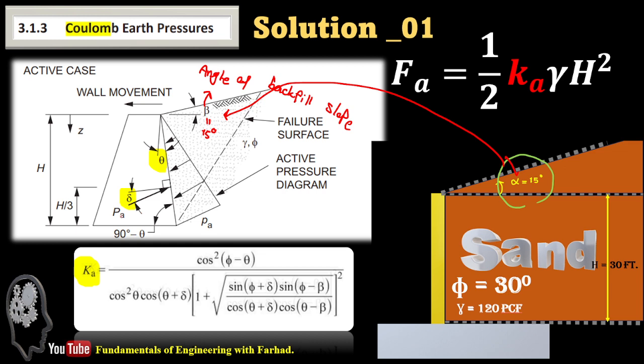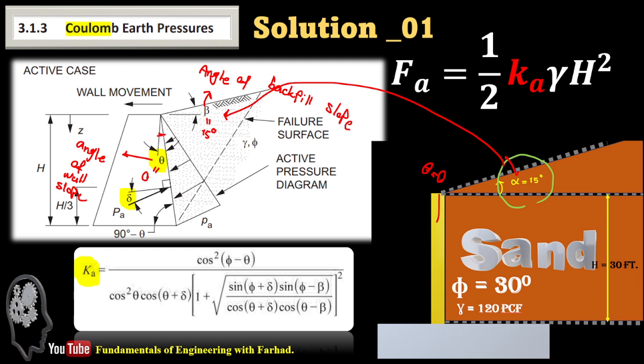Theta is the angle of the wall slope, which in our case is equal to 0 because it's a vertical wall, so there is no angle here. Theta is equal to 0.